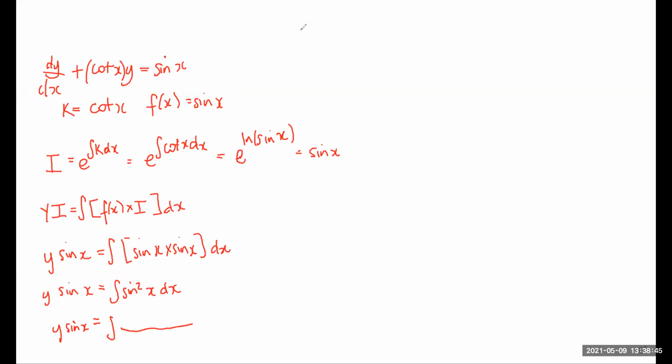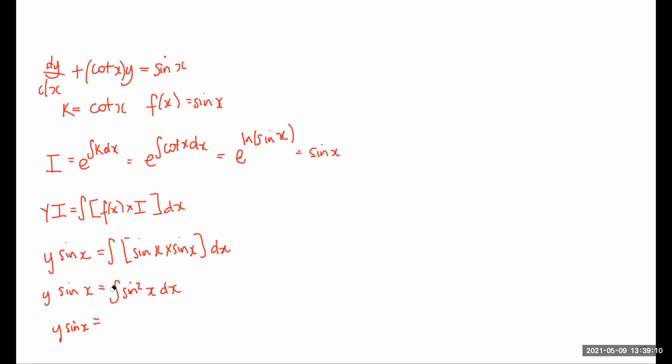We know how to integrate sine squared. How do we integrate sine squared x? You try to rewrite it using a trig identity. Which identity are we going to use?